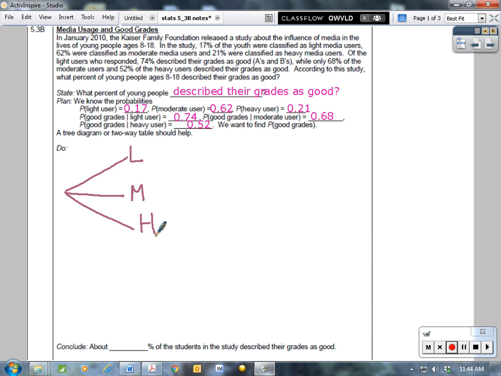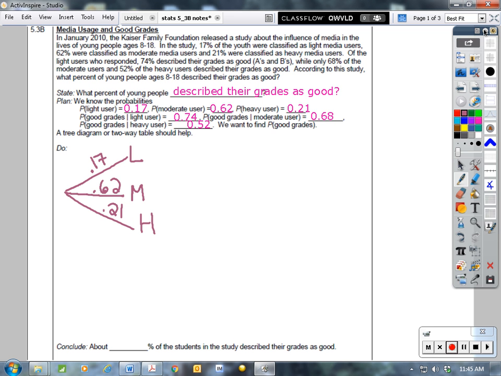Now our light users are 17%, so I write my percentage on that little line, my 62%, and my 21%. And the reason why we write our percentages as proportions is because if we mathematically have to do anything with it, we have to do it in proportion form.